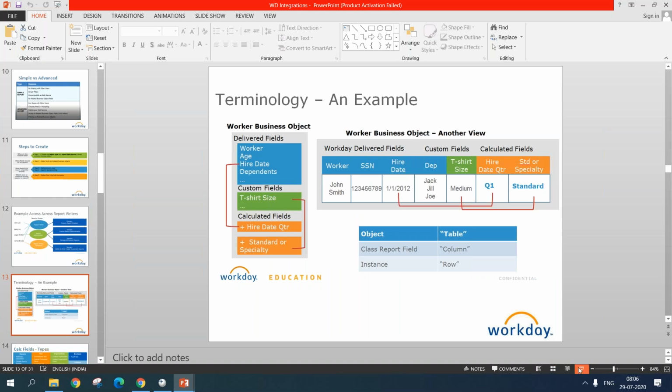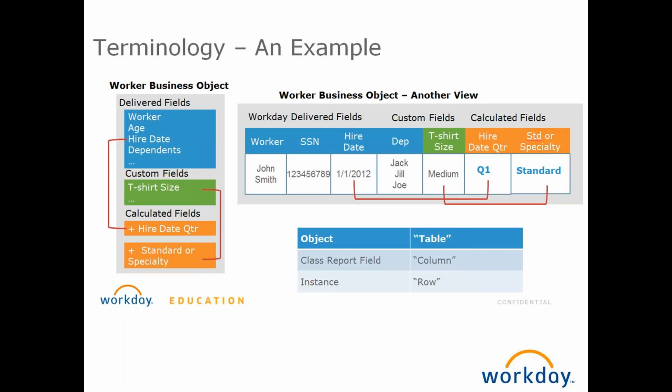Now, switching to calculated fields. When we went into our worker business object, if you remember, there were close to 7,000 or 8,000 different fields, out of which you will see three types. One is Workday delivered fields, which are delivered by Workday. Second, custom fields.